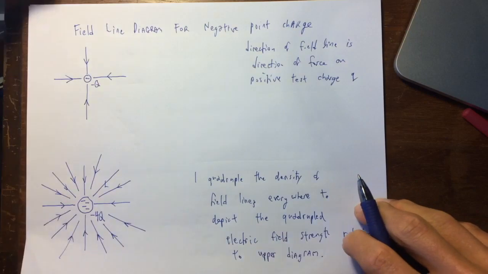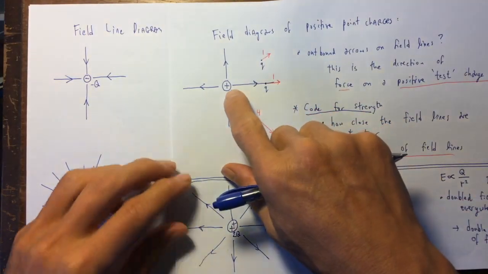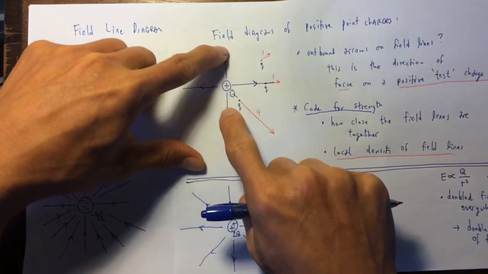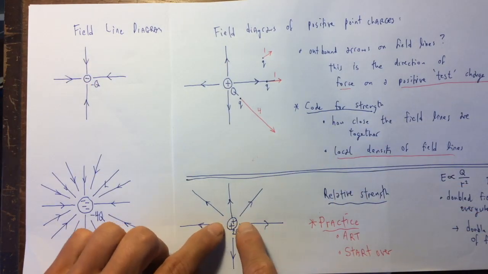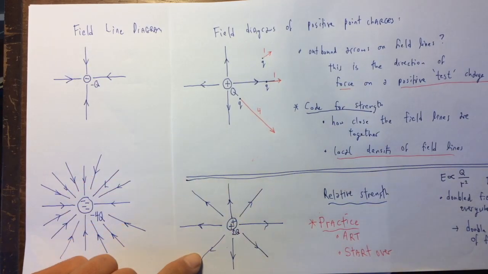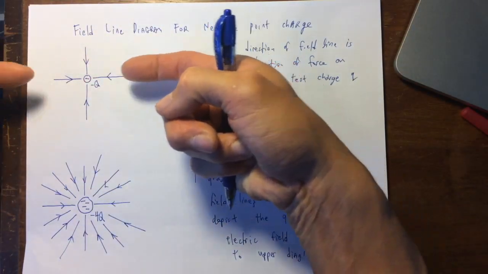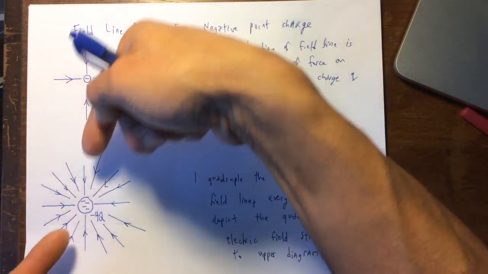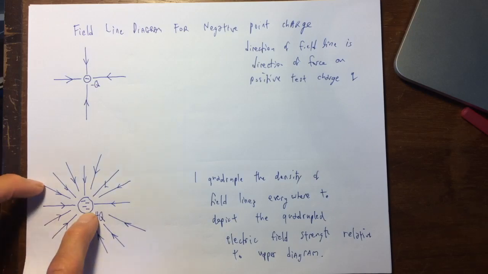Let me show you something real quick. So with a positive charge, field lines emanate or leave from the positive charge. Here's the doubled positive charge, and I have twice as many field lines emanating from the positive charge. In the negative charge drawings, the field lines are sinking in, right? So I've got 4 times as many field lines sinking into this 4 times as much charge.